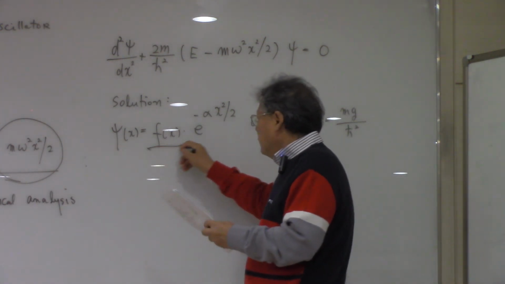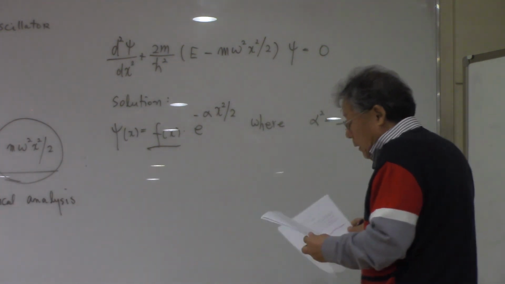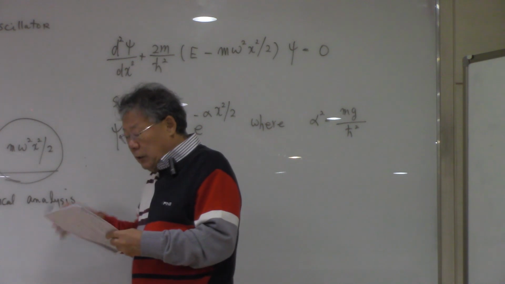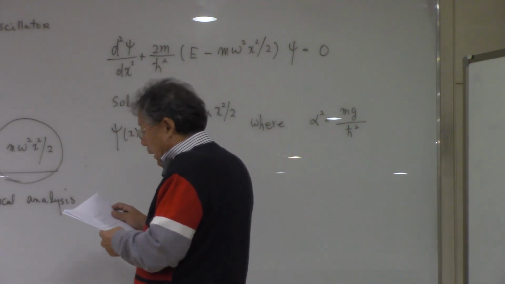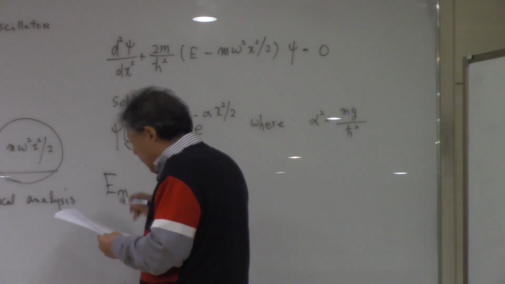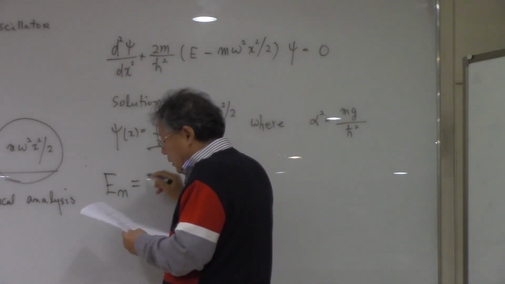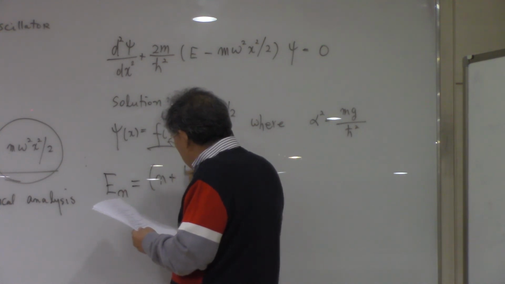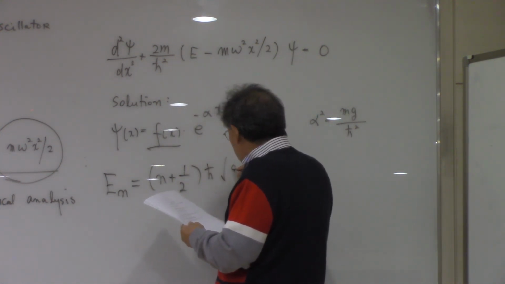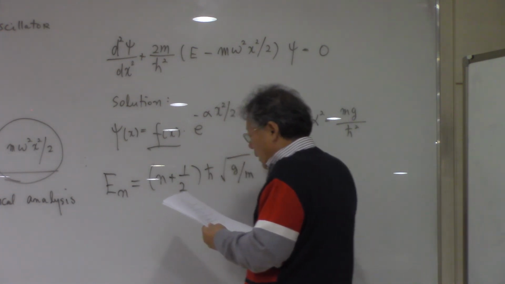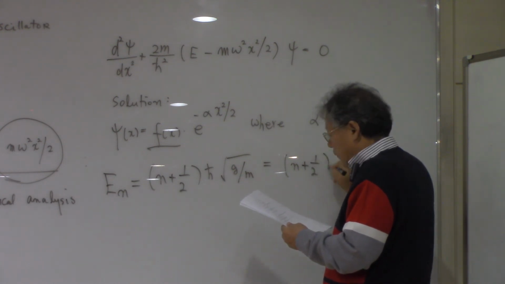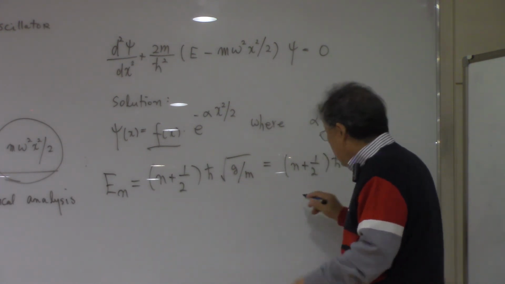And then f(x) is kind of a polynomial with some values if you look into the text. And so the eigenvalue of this equation is now going to be 1/2 h bar root G over m, and that is (n plus 1/2) h bar omega.